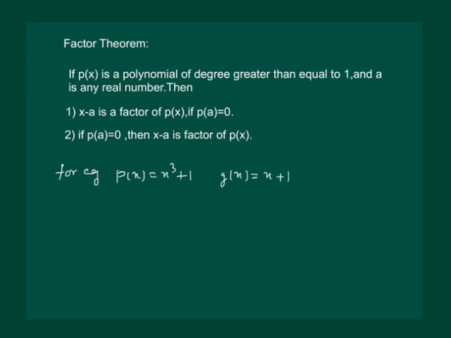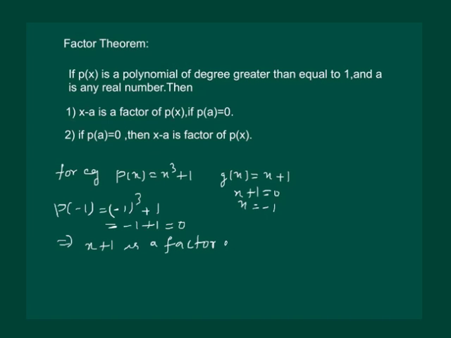For example, for p(x) and g(x), if we apply the remainder theorem, we get p(-1) equal to (-1) whole cube plus 1, which is equal to -1 plus 1, which is equal to 0, implying that x plus 1 is a factor of x cube plus 1.